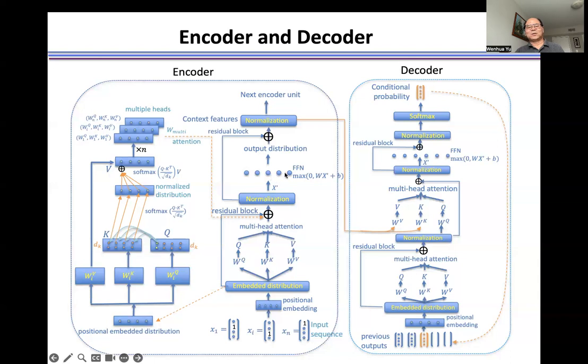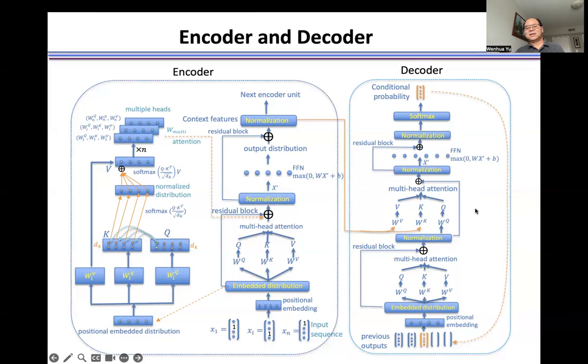We go through this feed-forward network to generate a result to this normalization. Finally, we get a final attention distribution that is used as the input to the corresponding residual block of the decoder.